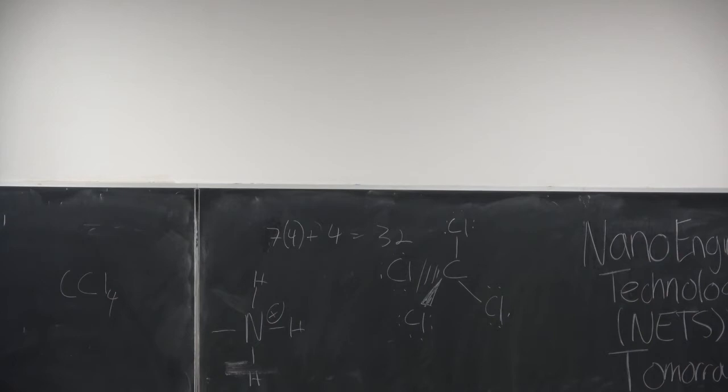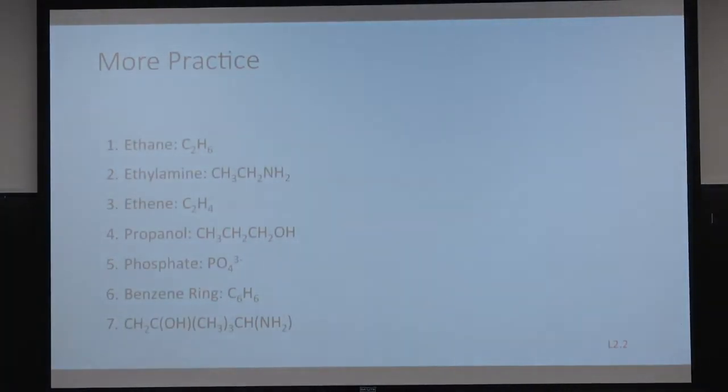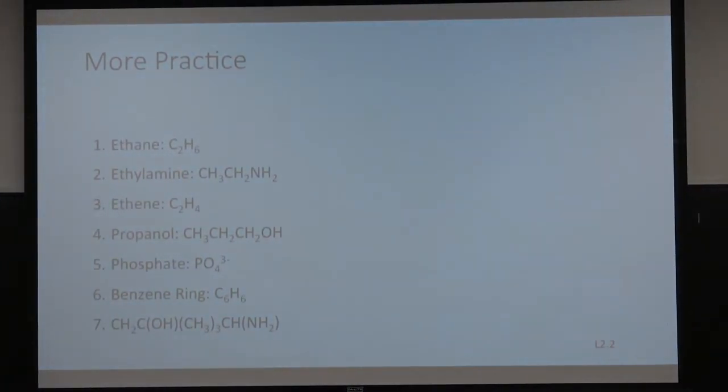Could you do phosphate? About number 5. Phosphorus is 5 and oxygen has 4 times 6. So how many do you have to work with? You have PO4 3 minus.